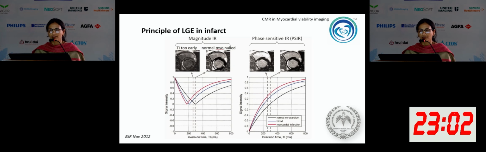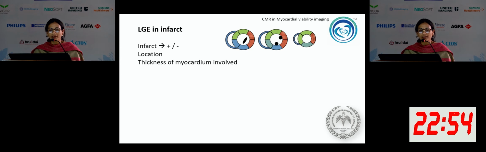And we have different sequences to bring out that enhancement, where we will null the normal myocardium and show the enhancement.